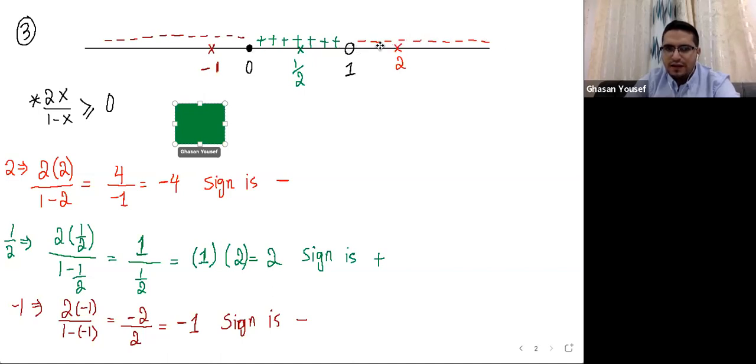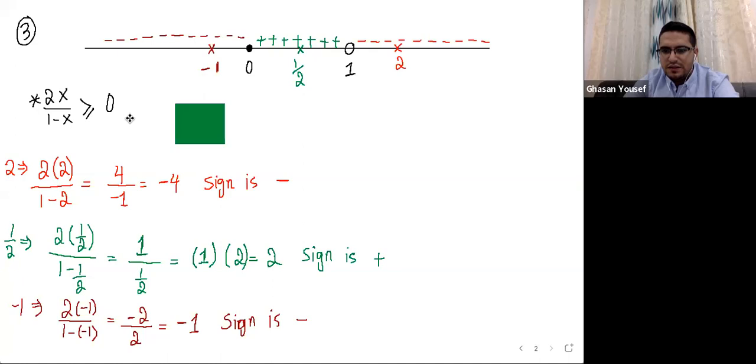If I plug any number greater than 1 inside this equation, it will be negative. So when will this be positive or 0, in which interval on the line?